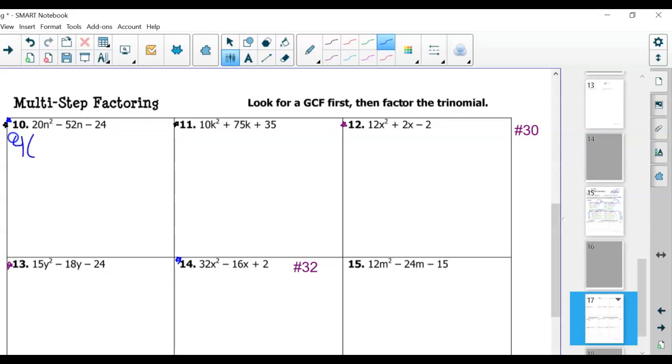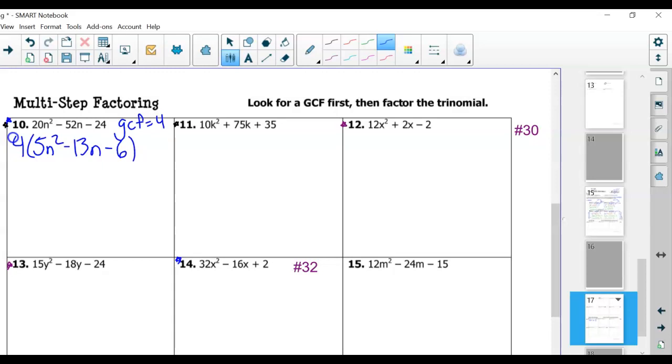To eliminate that process, you could make a factor tree of all 3, and 4 would have been the greatest common factor in all 3. So if I divide each of these by 4, I'm left with 5n squared minus 13n minus 6, which makes it a little bit easier to deal with.